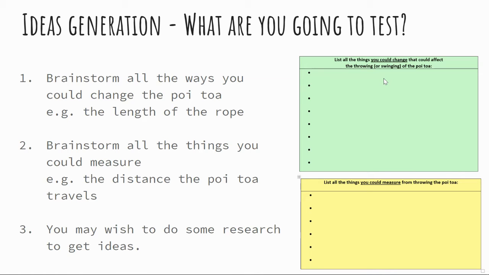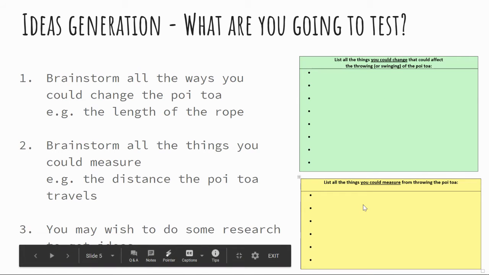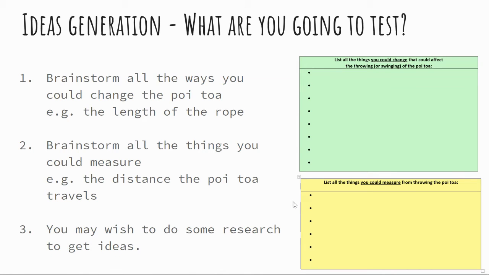I bet you can think of lots of ways you could change it that will affect the throwing of it or the swinging of it. In the next box, you're going to list all the things you could measure. For example, the distance the Poi Toa travels, all sorts of things you can measure. You may wish to do some research to get ideas. So you'll find this template on Google Classroom.